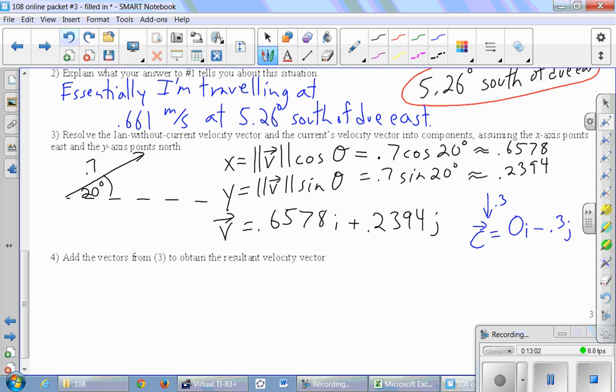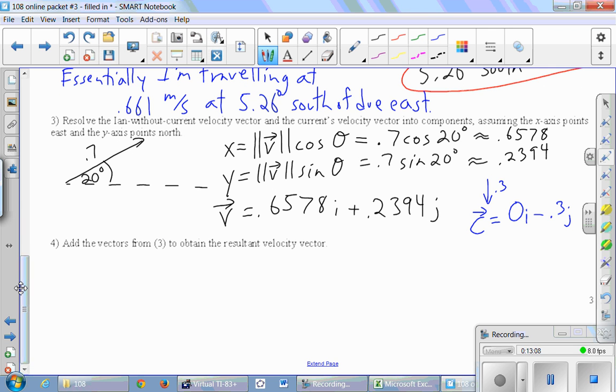Number 4, add the vectors from 3 to obtain the resultant velocity vector. So here we'll do this back in green because that was our resultant color. So we're going to take the 0.6578i plus 0.2394j.